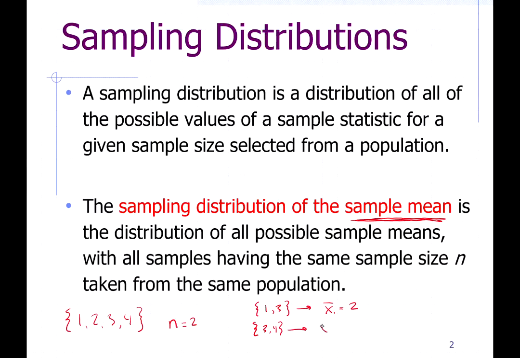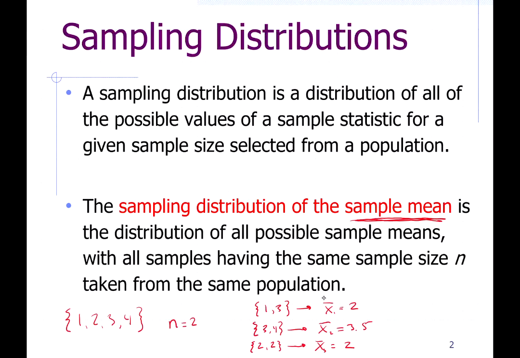And the mean of sample number 2, or the average of 3 and 4, would be 3.5. And we're going to sample with replacement, so another possible sample could be 2 and a 2. And so the average of that sample would be 2. So here's 3 possible samples and 3 sample means.